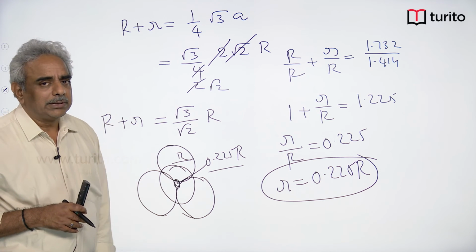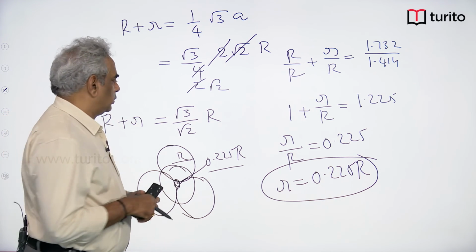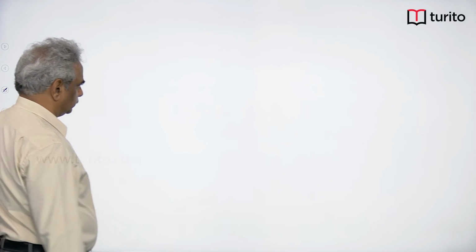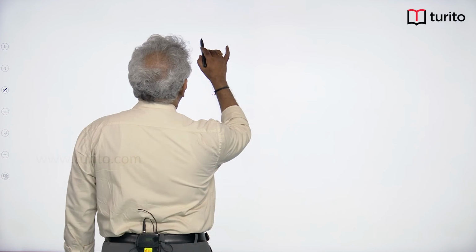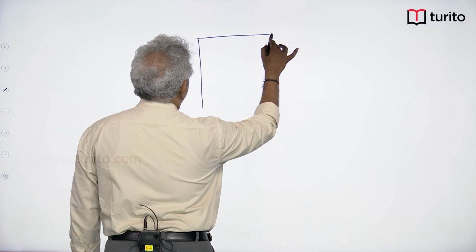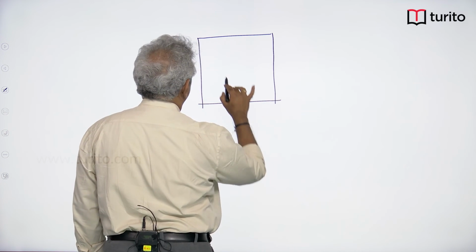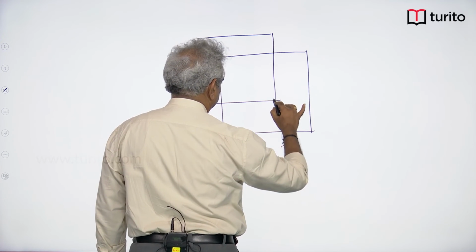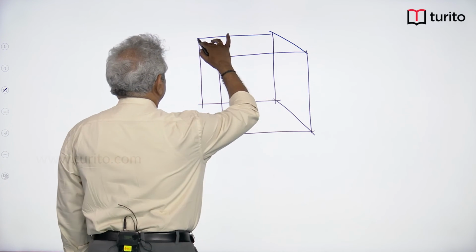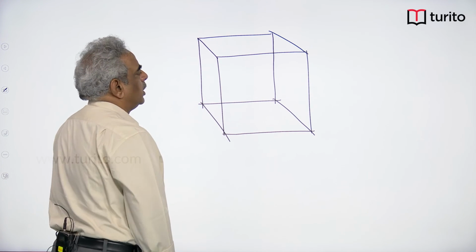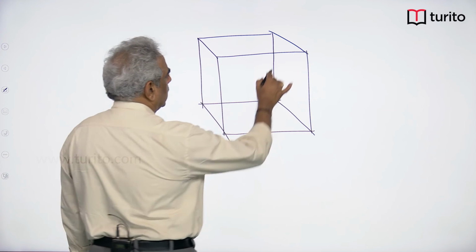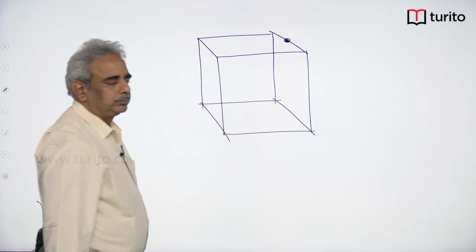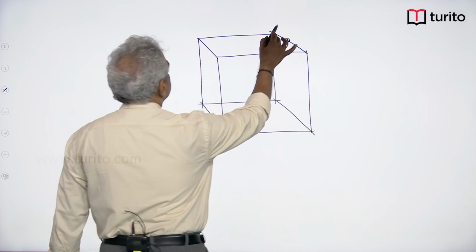Now we will work out the radius of the octahedral void. Where do you find an octahedral void? Just now I told, at every edge you have an octahedral void, and in the corners you have spheres.